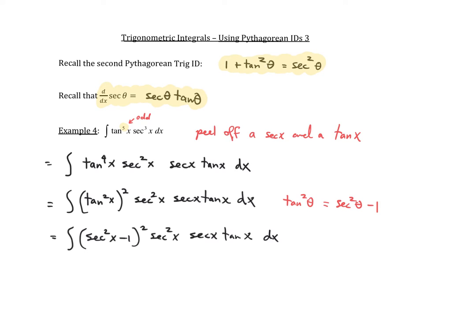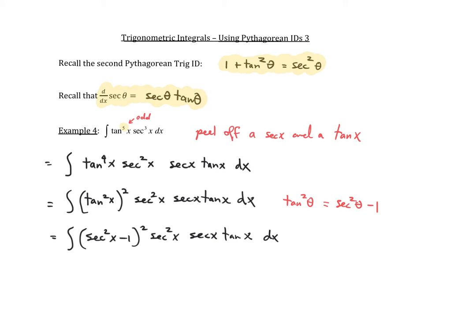Okay. And I'm not sure if you guys could see it, but our integral is perfectly set up for u substitution. So if you look on this left side of the integrand over here, I have a secant and I have another secant. And to the right, I have the derivative of secant, namely secant x tangent x sitting right there.